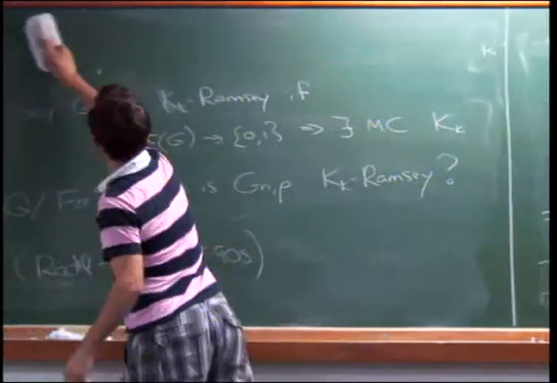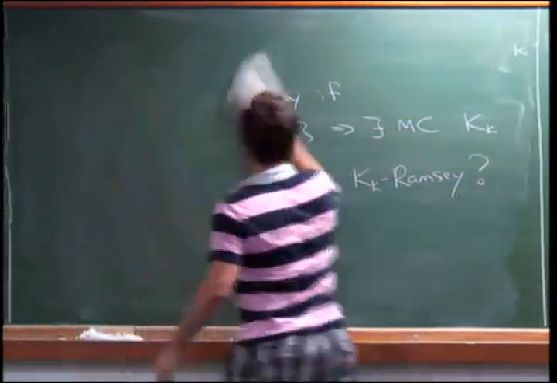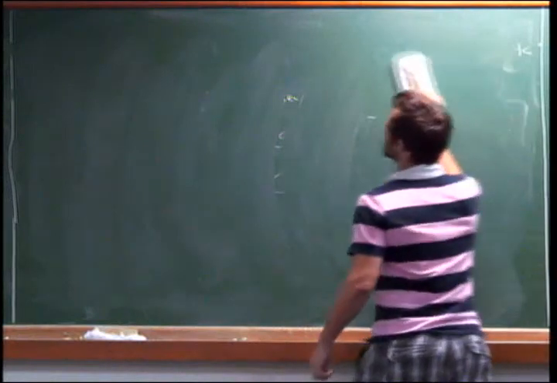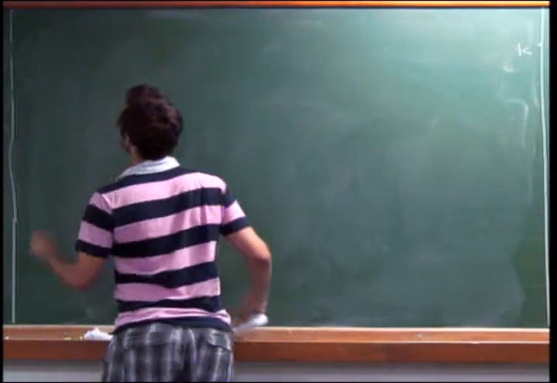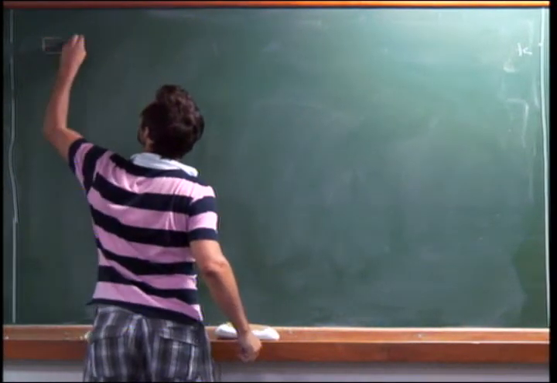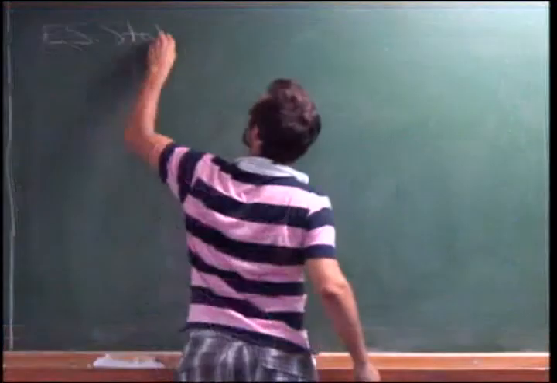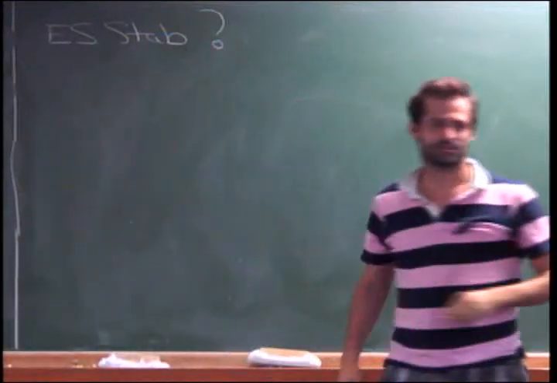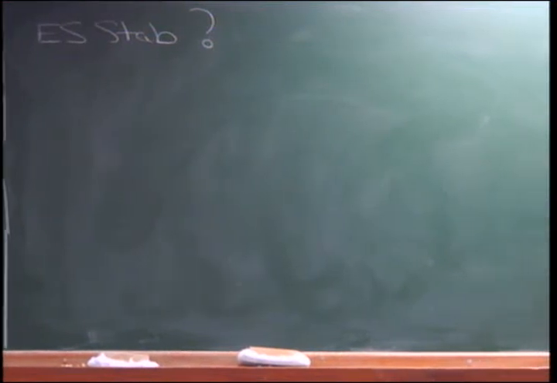There's also a lot of stability questions. How about the Erdős–Stone stability that I just told you about? It says that if you're triangle free and have almost half the edges, then you're close to being bipartite.